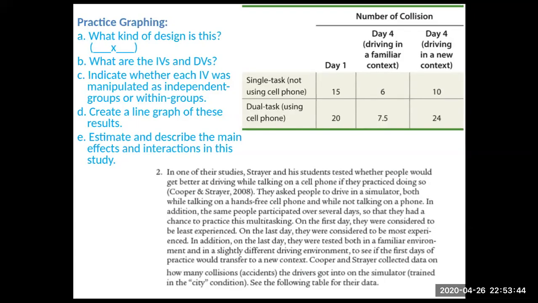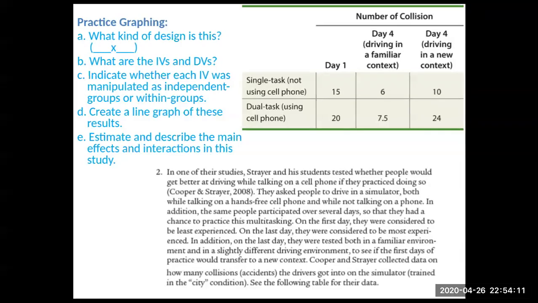If we were to create a line for these graphs, again, we could do marginal means. If it's a 2 by 3 in this case, then the 2 are usually the x-axis, and the 3 is usually the lines, because you can have 3 different colored lines for the 3 different days.